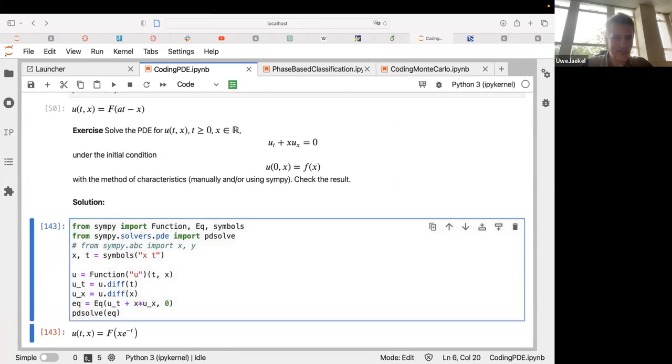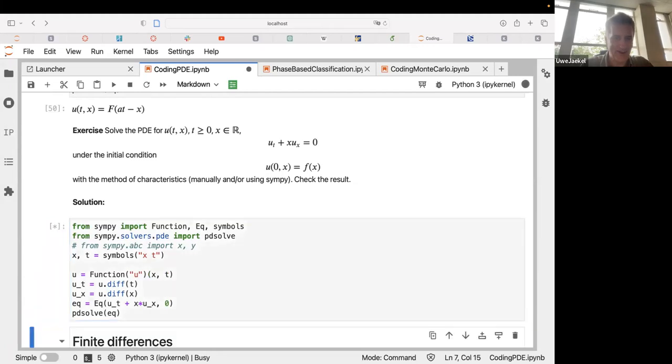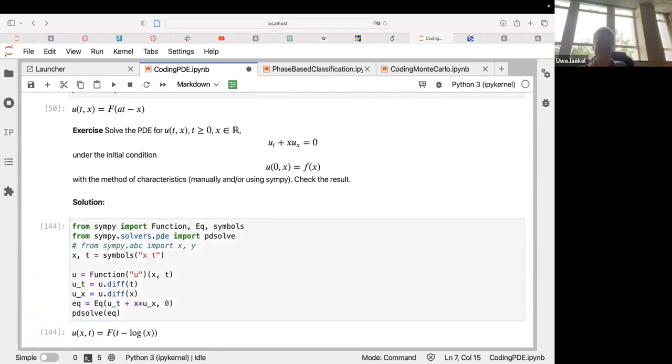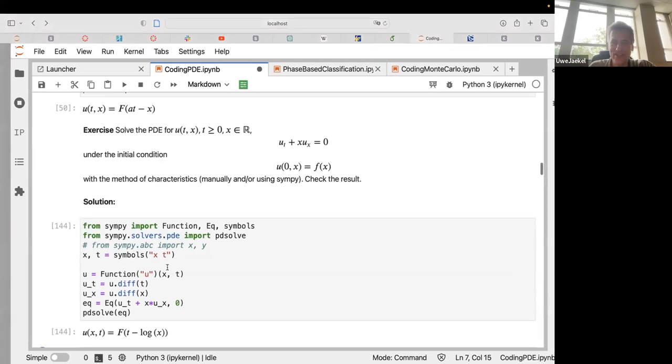Let me see what happens if I make this a function of x and t rather than t and x. I got the same result as Michael.